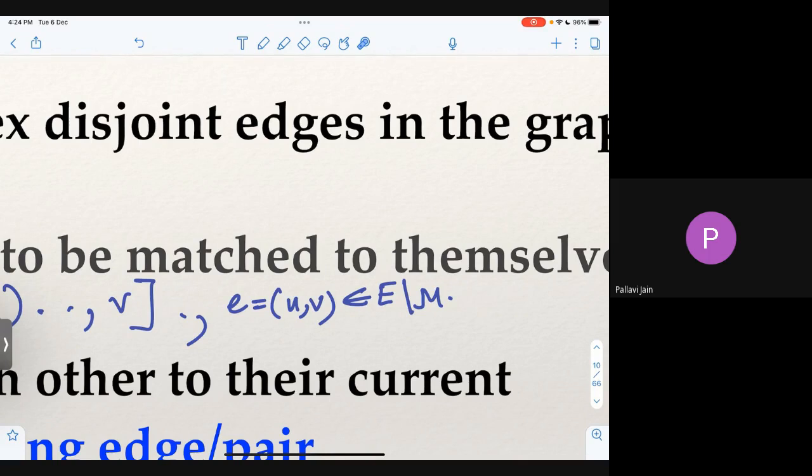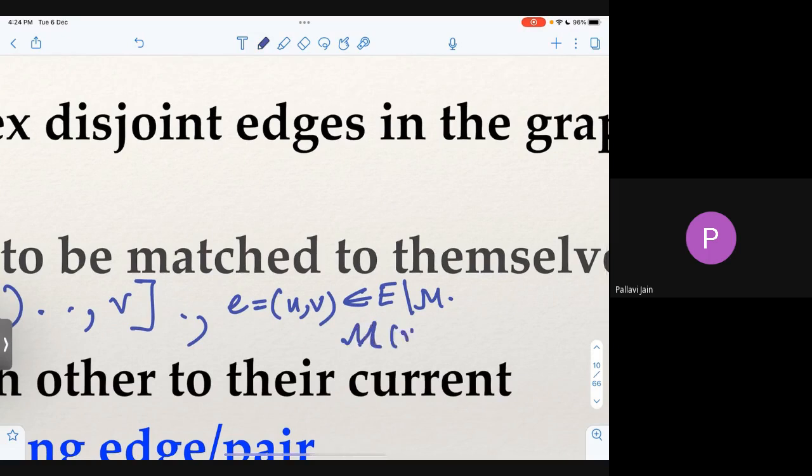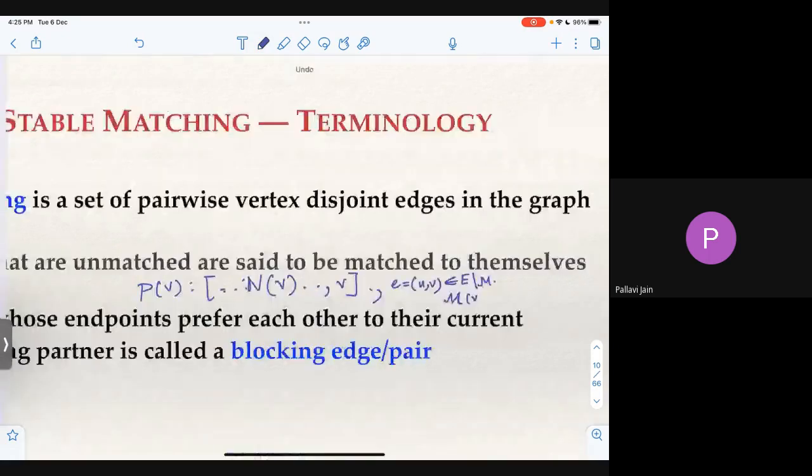It allows the possibility that U is unmatched but V is matched. Because U is unmatched, obviously U would like to be matched to V over being unmatched. That's the bottom line. And V likes U more according to its preference, ranking U higher than whoever is MV. Okay, so that's what a blocking edge is.